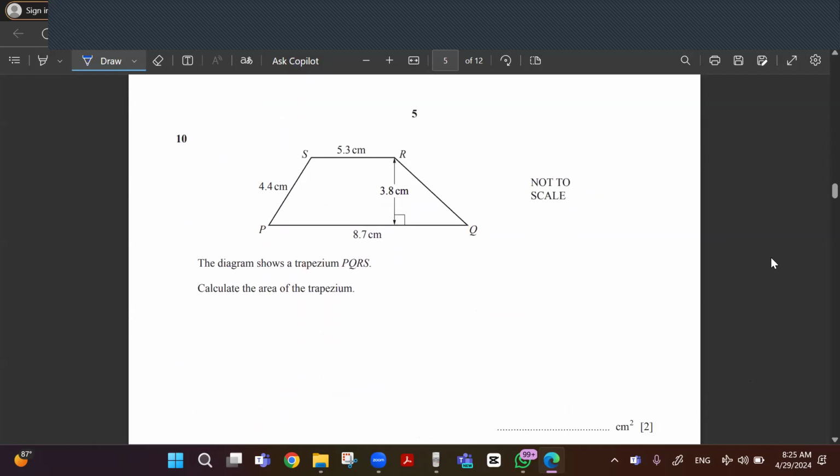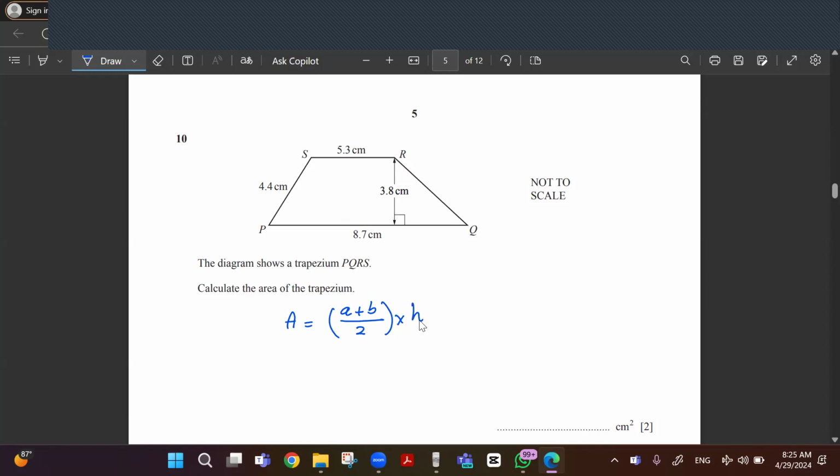Question number 10. He's giving me this diagram, which shows a trapezium. Calculate the area of the trapezium. What is the area of a trapezium? It is the two parallel bases, and this is very important, not any two bases, divided by 2, multiplied by the height between them.